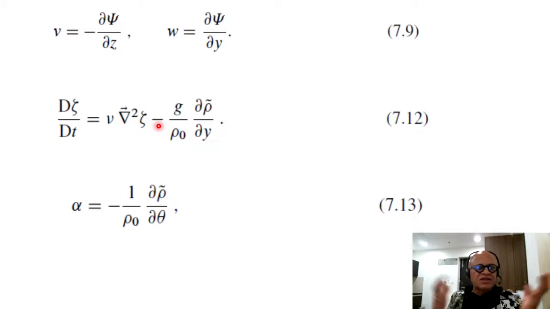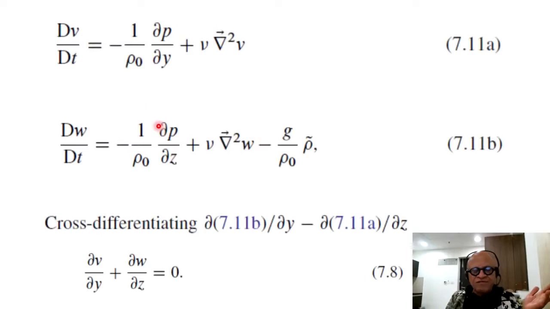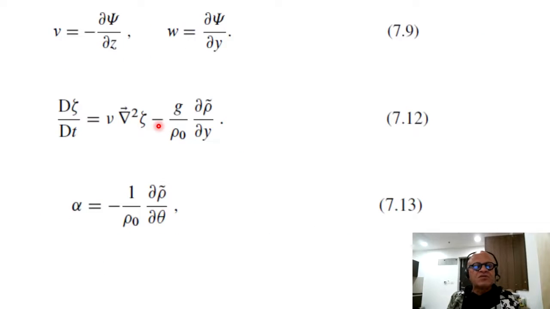As we said, in this simple model, no rotation. If you notice, there is no f term here, so it's just a way to derive the properties of this simplified system, which has an analog to the atmospheric circulation.